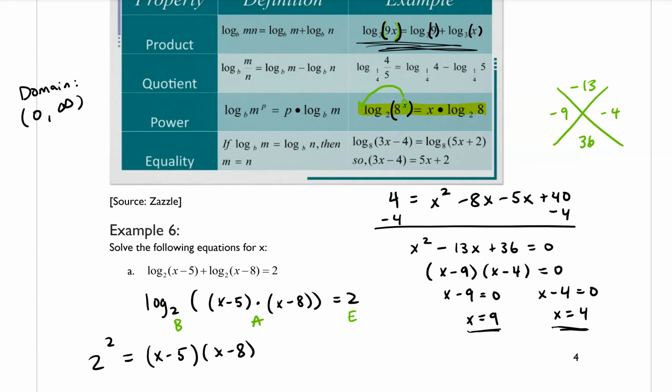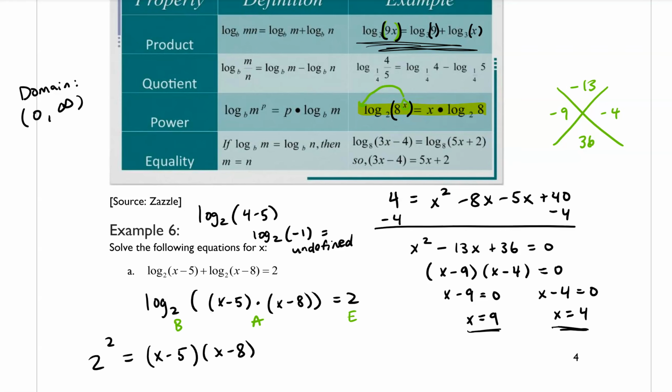However, if we plugged in 4 into our original equation, we would get log base 2 of 4 minus 5, which is negative 1. And this is undefined.